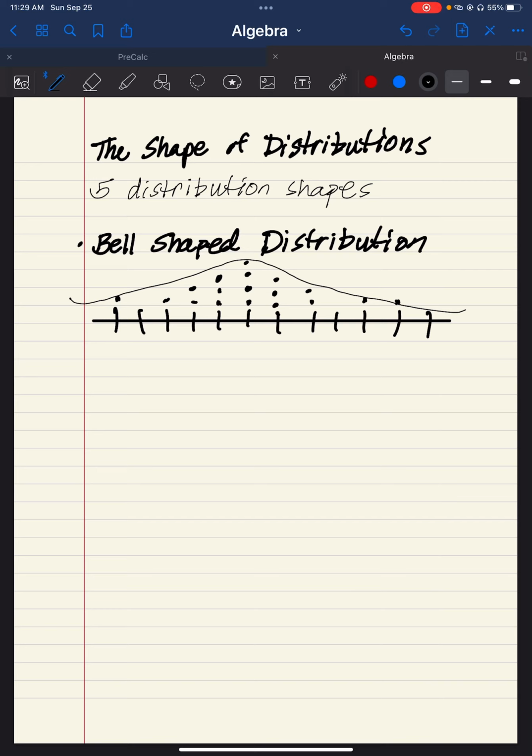This is a really important distribution because many things in the real world take on a bell-shaped distribution. If we're measuring something like height or weight or IQ or test scores, these things tend to line themselves up where most people's values center around the middle, whatever that value is. And then as you move out from the middle, you get less and less people found in those categories. So it ends up being a bell shape.